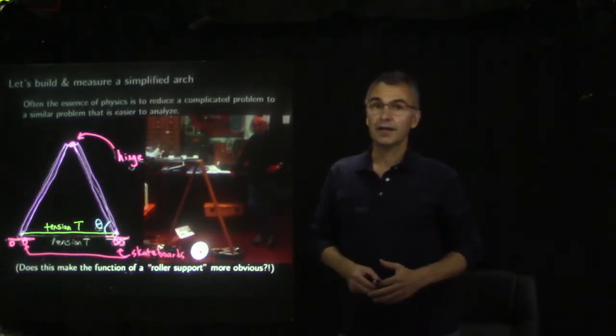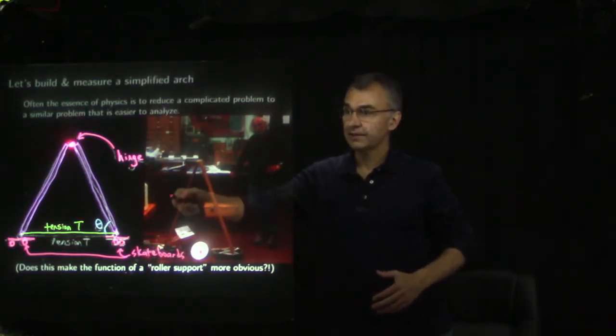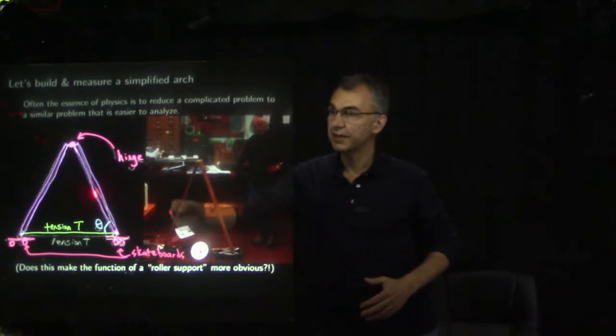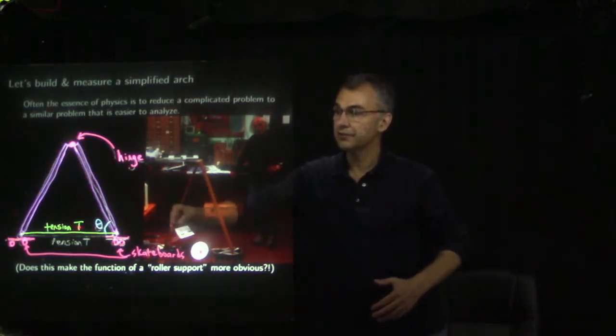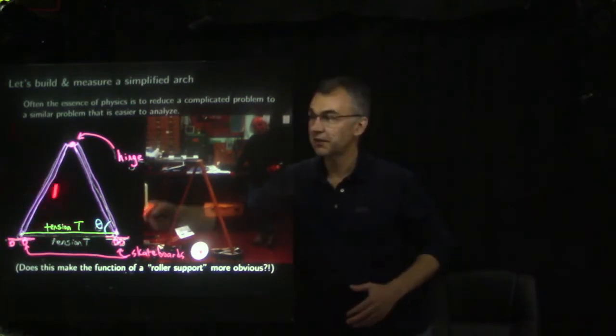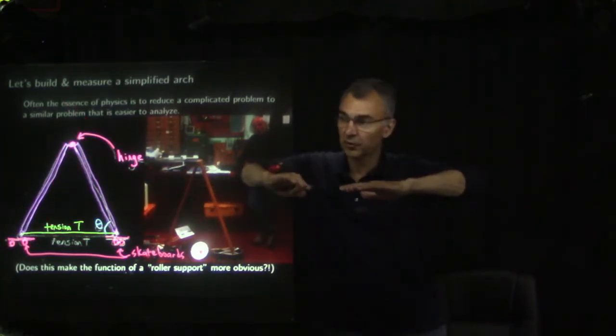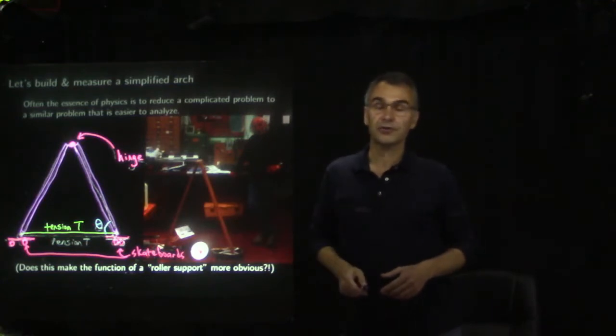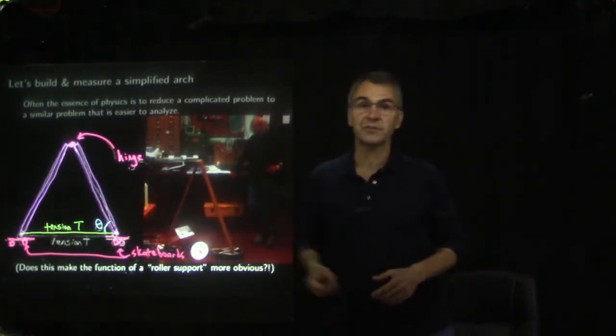And then I think we're also going to see that for a given weight of these side pieces of the arch, if we make this arch tall and thin, we do not need a very big horizontal buttressing force. But if we make the arch short and wide, then we do need quite a large horizontal buttressing force. So that'll be an interesting outcome.